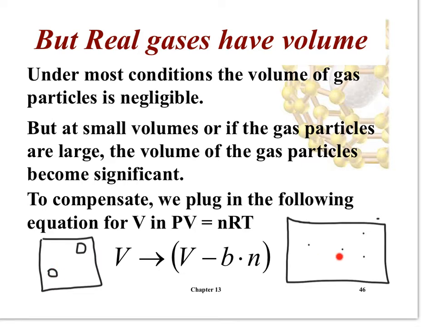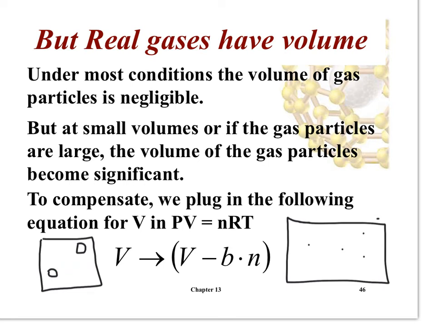If you're looking at a large container with small gas particles, you can ignore that. The volume that this particle moves in, yes, is equal to the container minus these, but these are really negligible compared to the volume of the container. But if you look at a small container, or the gas particles themselves are really large, then that assumption fails.